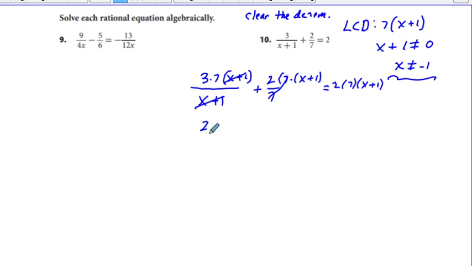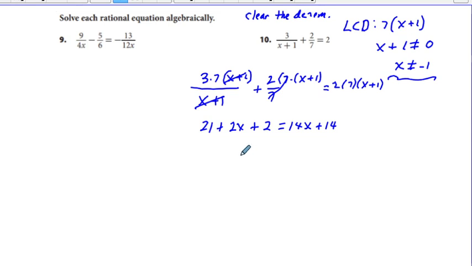So 21 plus 2x plus 2 times 1, which is 2, is going to be equal to 14x plus 14. And where do we get 14? 2 times 7 plus 14.